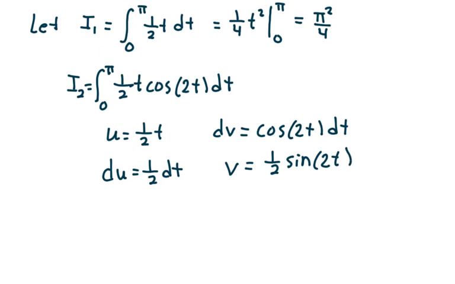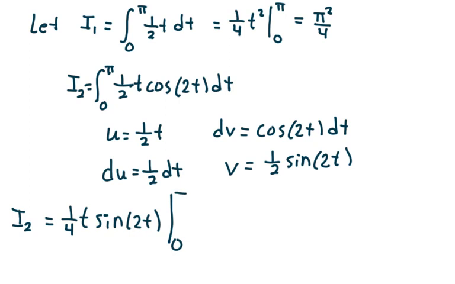And so I sub 2 is 1/4 t sine of 2t, and we're going to evaluate this from 0 to pi. And then I'm going to subtract off 1/4 the integral from 0 to pi of sine of 2t dt.